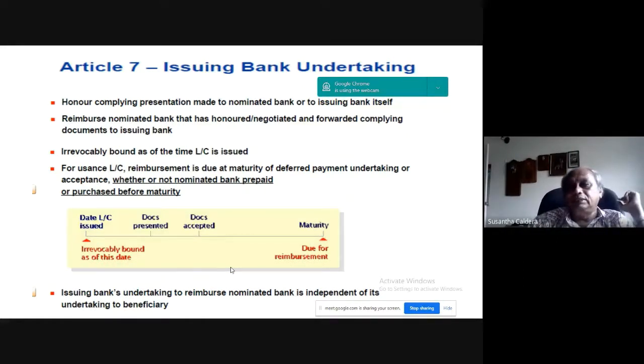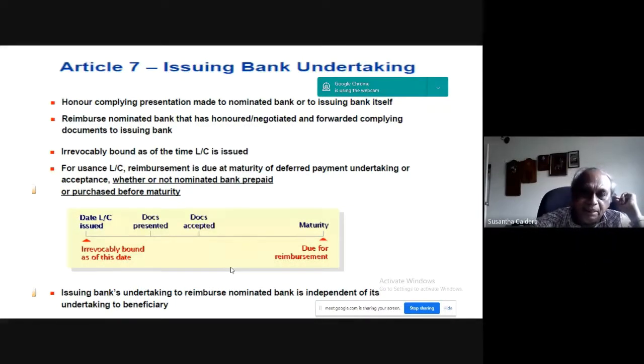On a compliant presentation made to a nominated bank or to the issuing bank itself, the issuing bank's undertaking applies. If we have nominated a bank and it's a compliant presentation, then it is up to us as the issuing bank to pay, or as the issuing bank itself, we have to pay. If the nominated bank has not paid, the issuing bank has to pay.